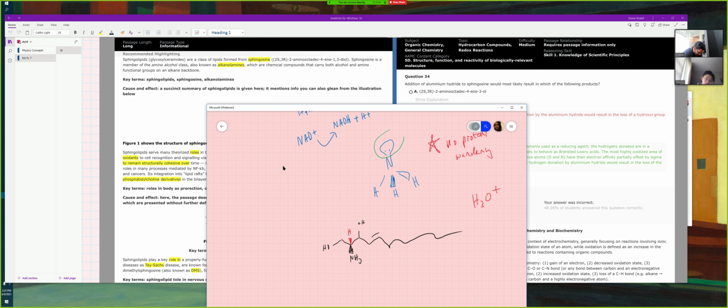So in order of priority, this is 1, this is 4. What's going to be next? Is it this OH in the third position or this one? I think the OH in the third position is 2.